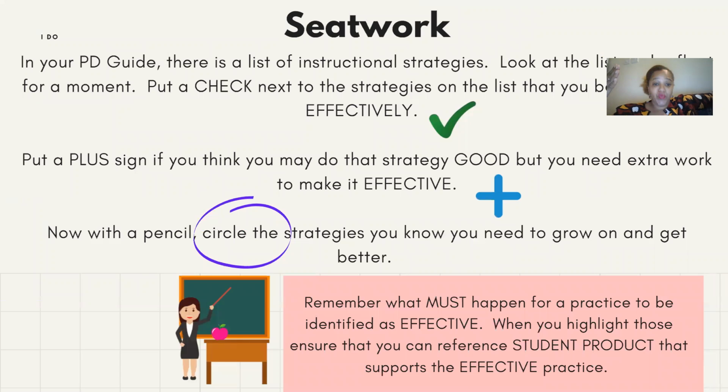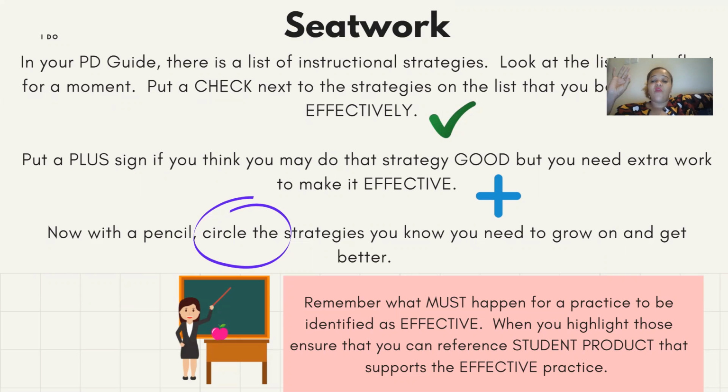This is all about you. You're going to also put a plus sign on the strategies that you think you might be good at, but you might need a little extra work. And also circle the strategies you know you need to grow on. If you don't know the strategy, put a question mark, because those are things that we can look at, grow, and develop later. So you get that time to do that.